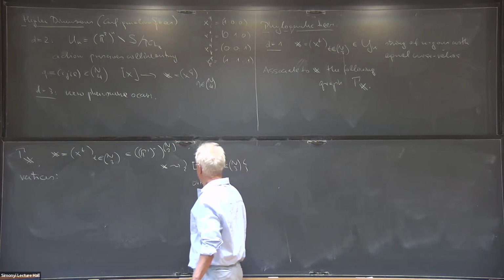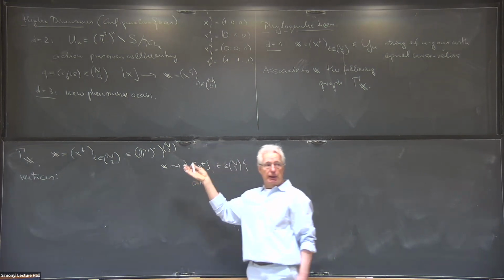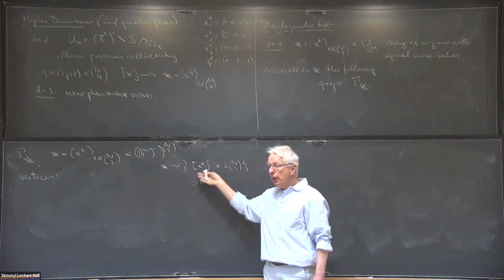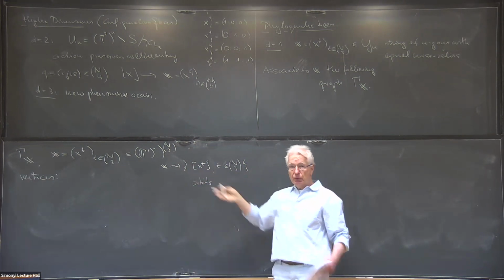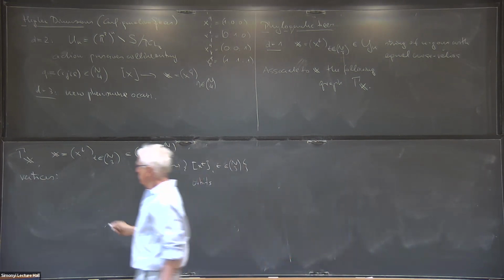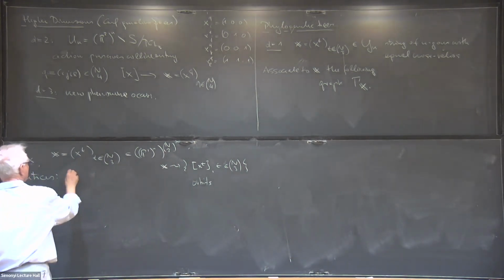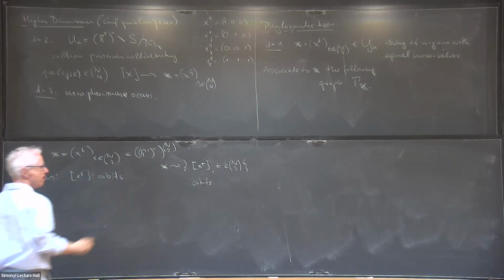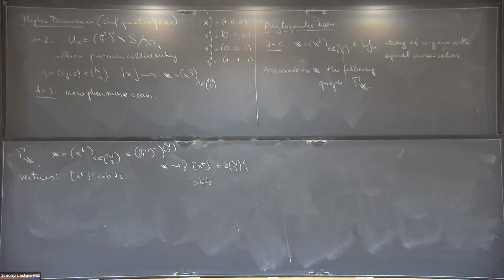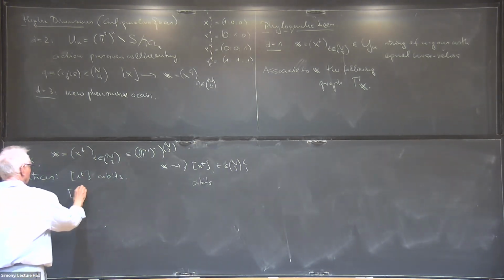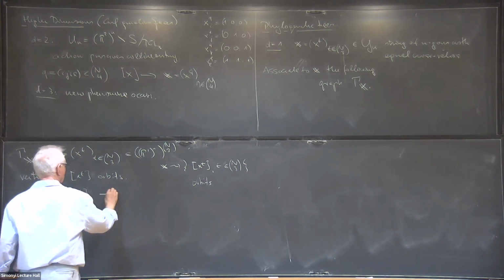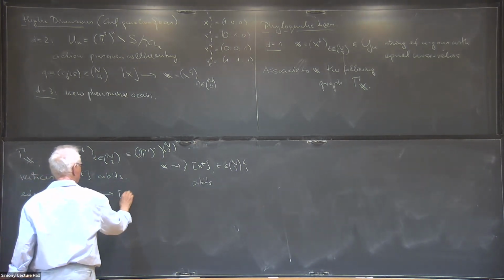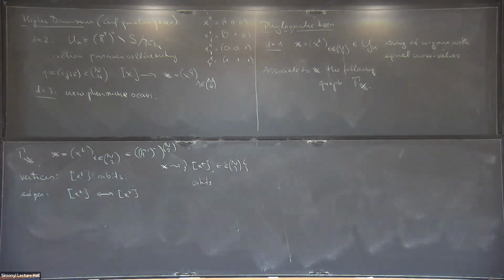And as you have seen in my limit construction, actually we will have different orbits in one string. So the vertices are just the orbits. And the edges, so when do we connect two orbits by an edge?